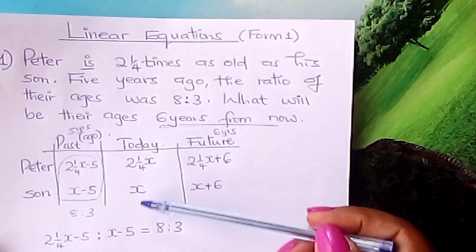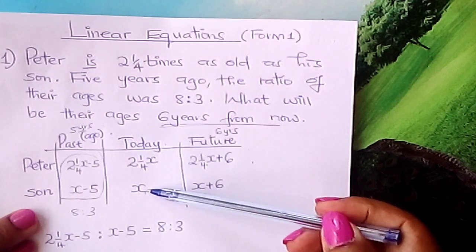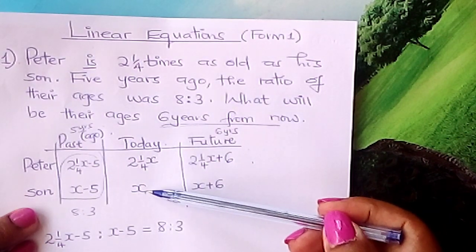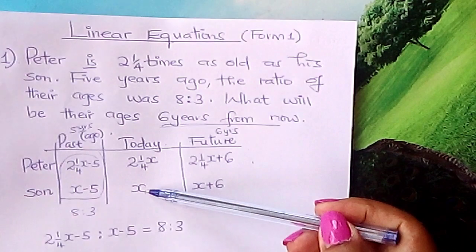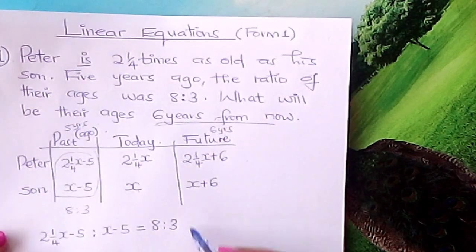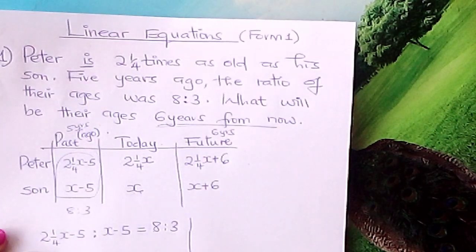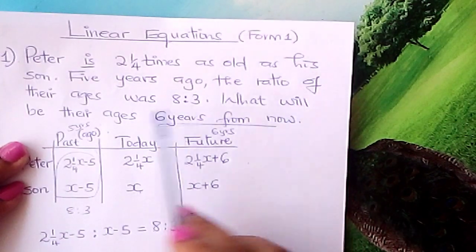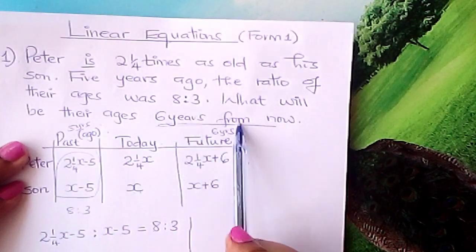What does this mean, learner? That the son's age today is 20 years. Okay, from there, what are we asked? We are asked what will be their ages 6 years from now.